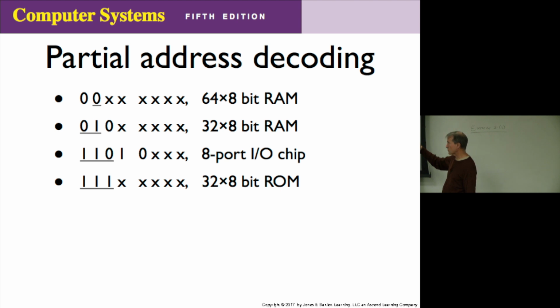We might have to choose a group of 1, 2, or 3 address lines that will uniquely identify that chip. If we can uniquely identify the chip with fewer address lines, then we don't have to use the other high order address lines to decode that chip and place it in the right spot.